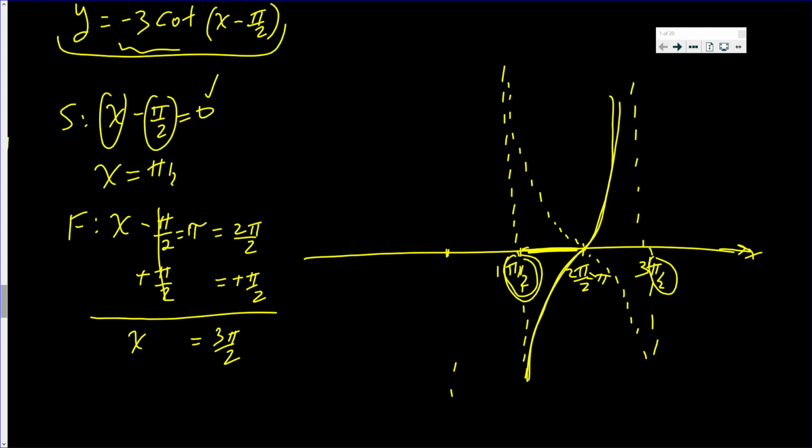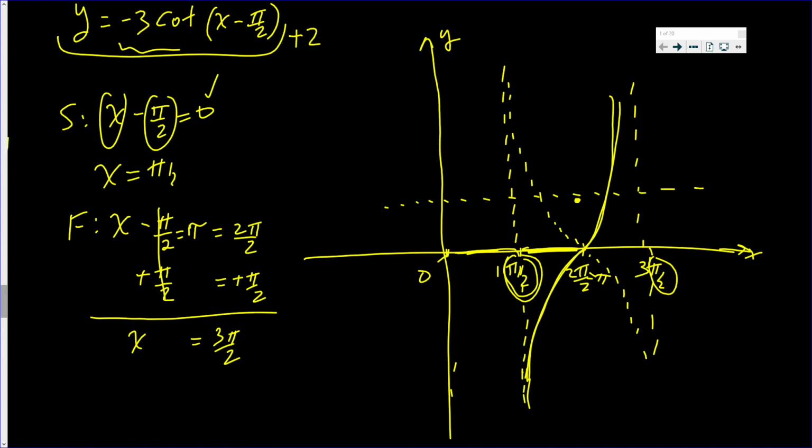Well, if you're at pi over 2 and you go to the left pi over 2, you will find the y-axis, because that's exactly where x is 0. And there's your graph. And if I said to add 2, all I would have done was go up 2, make believe my x-axis is here, and I would draw the same graph, except this up 2.